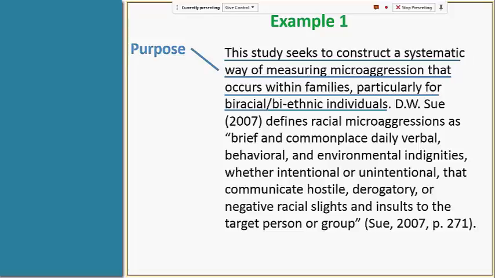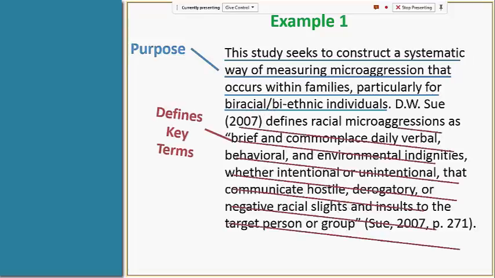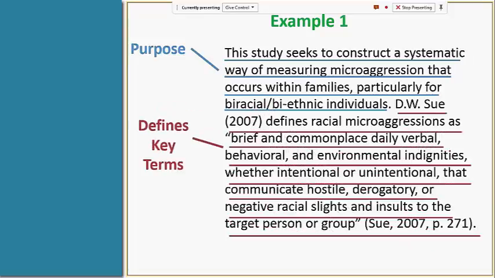Very clear. Okay, next. They define key terms. Sue defines racial microaggressions as brief and commonplace daily verbal, behavioral, and environmental indignities, whether intentional or unintentional, that communicate hostile, derogatory, or negative racial slights and insults to the target person or group.